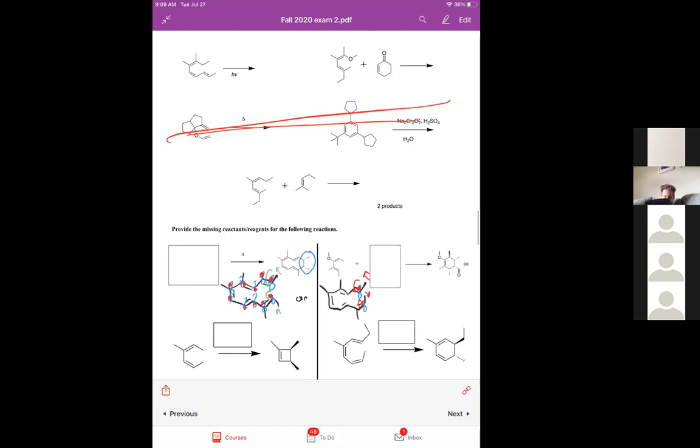So with that in mind, I can fill in my 6-membered precursor with these two, both trans.